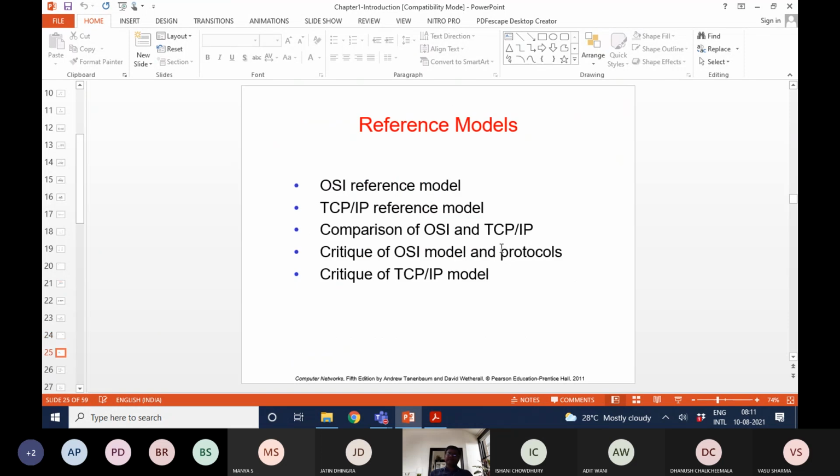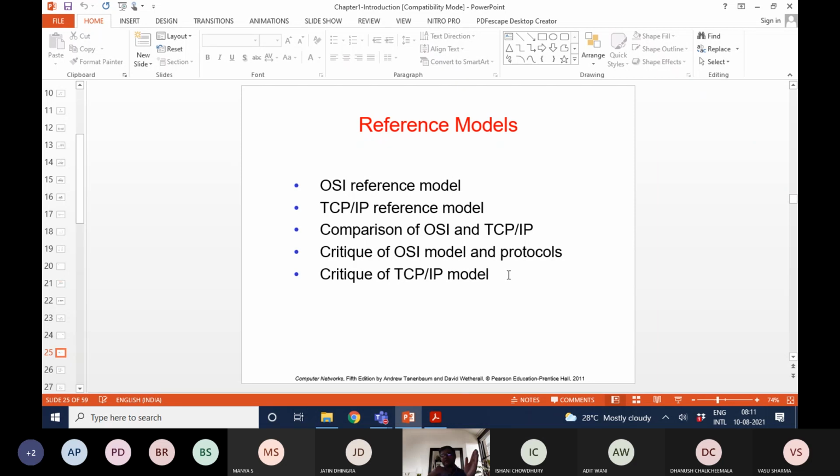Now we will look at the reference models. What do we mean by reference models? It means something is already established and we have to follow it as a reference. One model is called the OSI model.